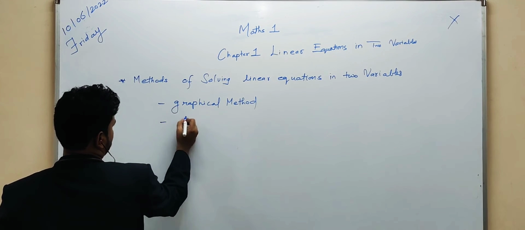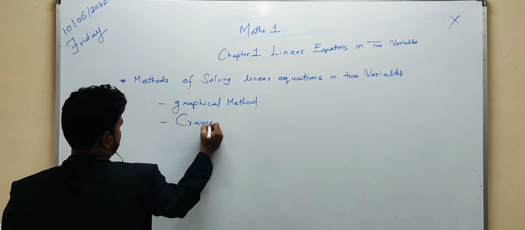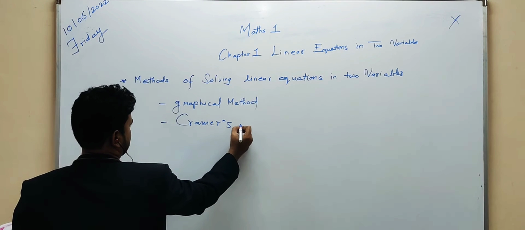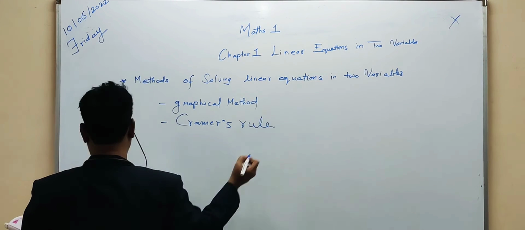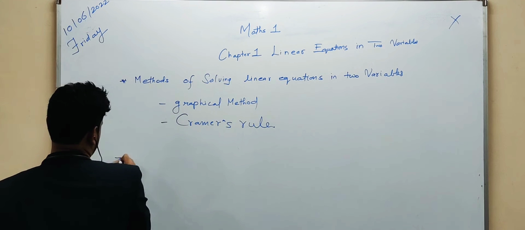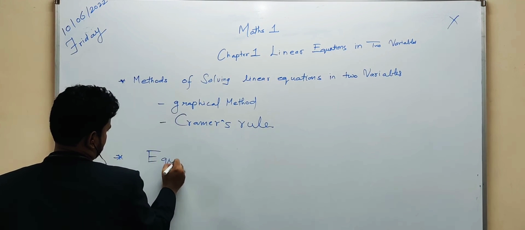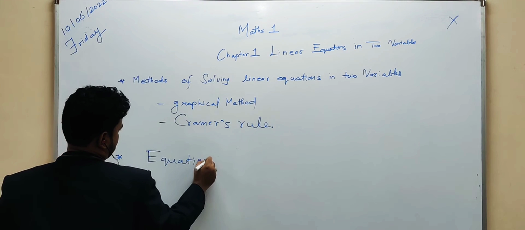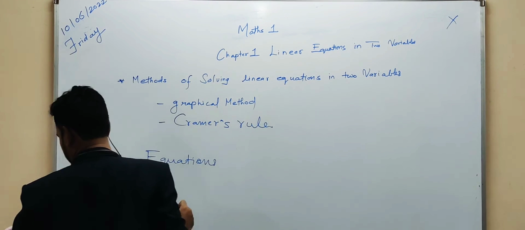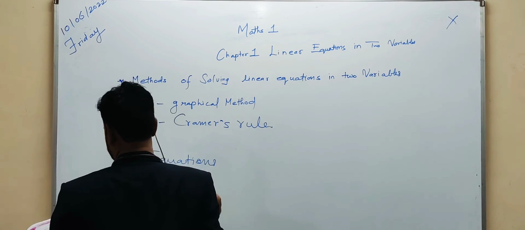And Cramer's rule. Then equations that can be transformed in linear equation in two variables.